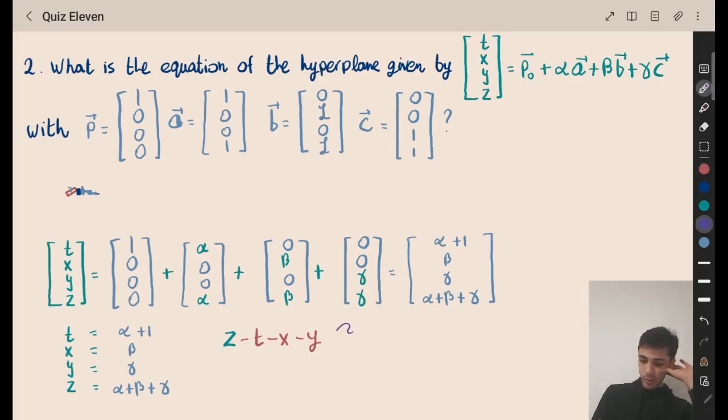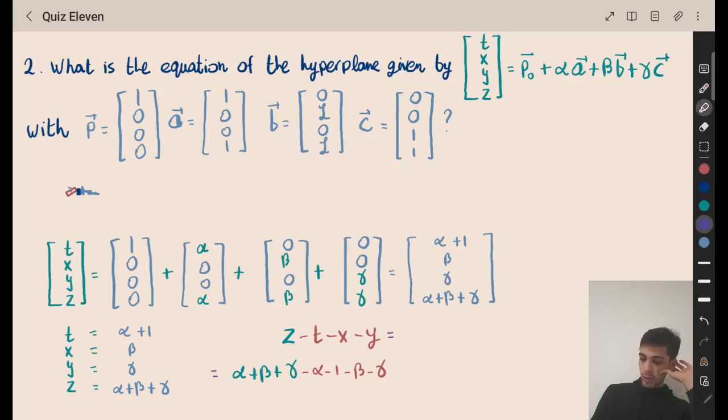Now let's see what I get. This is equal to alpha plus beta plus gamma. The t is equal to alpha plus 1. I'll just distribute the minus, get minus alpha minus 1. Minus x is minus beta, and minus y is minus gamma.